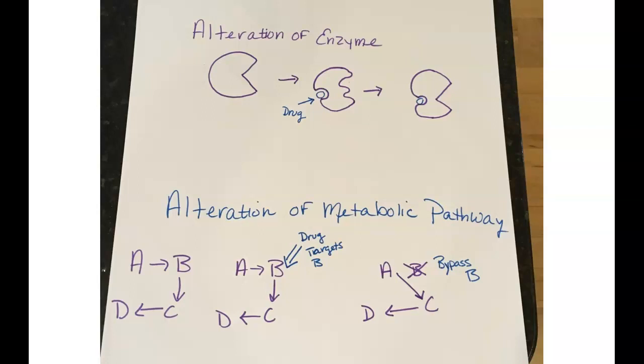However, if that bacteria now can find a way around having to go to intermediate B and it can bypass it and go from A to C, now it no longer needs B, so that antibiotic isn't going to do anything to it.